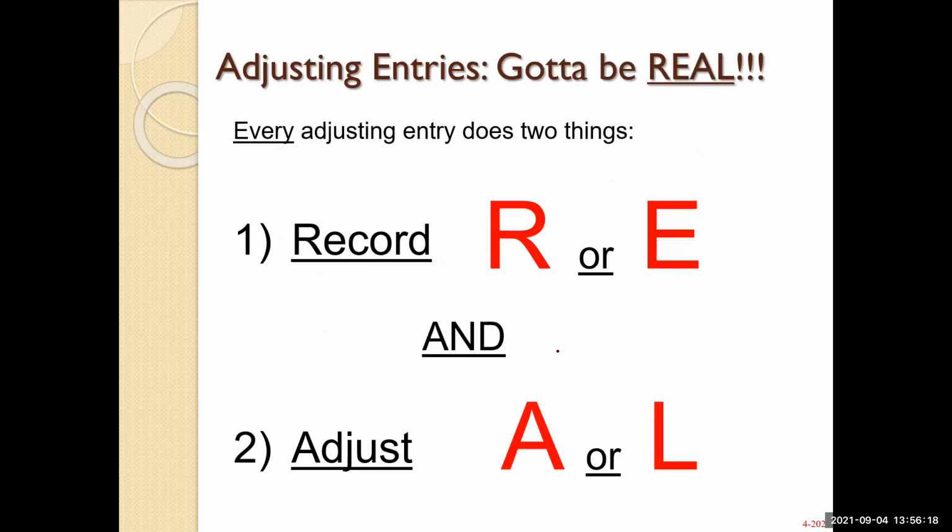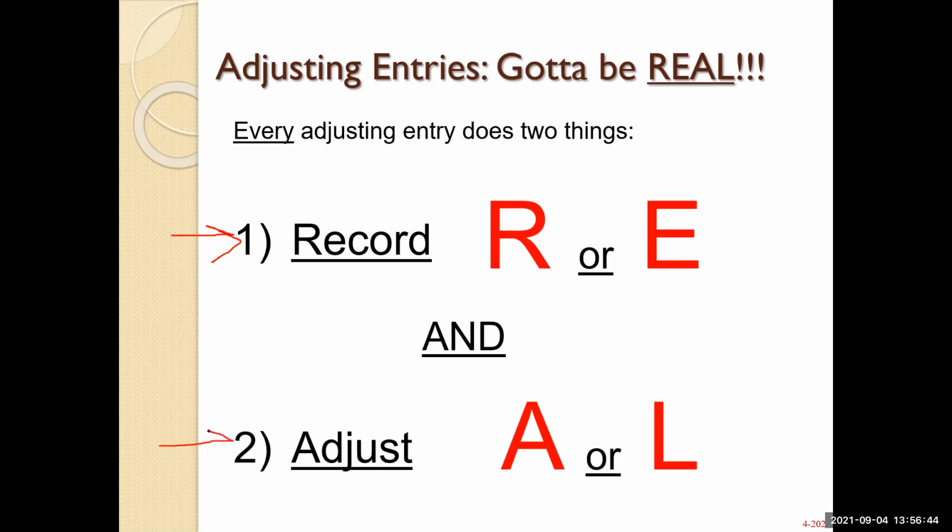Now when I say adjusting entries have to be real, this is how you can check your work or help you with your transaction analysis. First of all, every adjusting entry does two things. First, it records either revenue or expense. So in every adjusting entry, there will be a revenue or an expense.